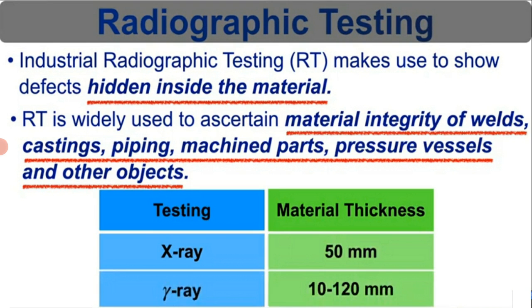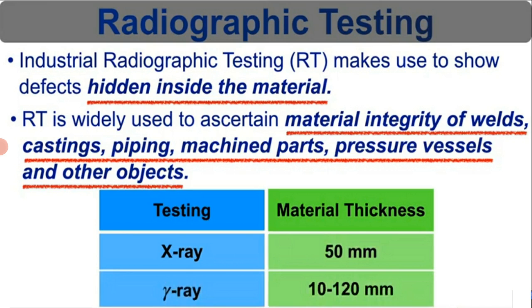So, industrial radiography testing is used to show defects hidden inside the material. Radiography testing is widely used to ascertain material integrity of welds, castings, piping, machine parts, pressure vessels and other objects.